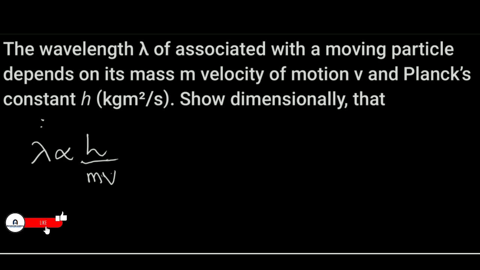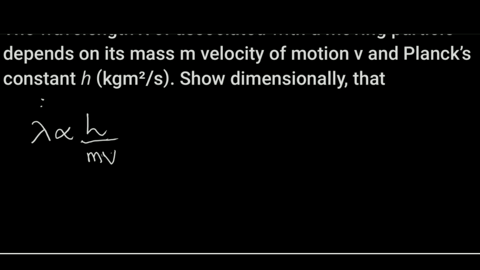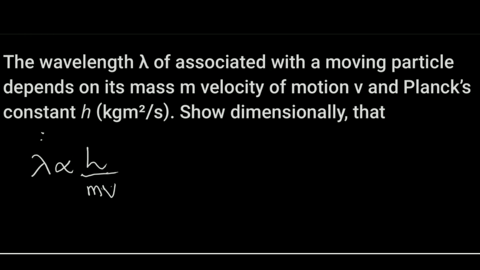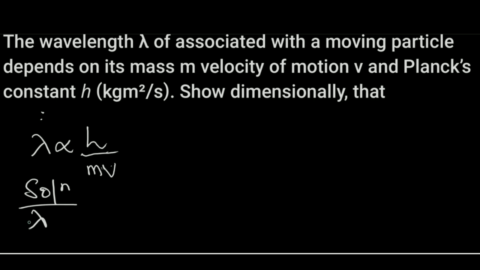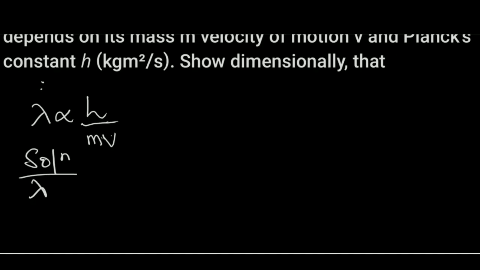The statement says that the wavelength associated with the moving particle depends on three parameters, or other physical quantities, which are mass, velocity, and Planck's constant. So mathematically presenting this, looking at our solution, wavelength depending on the other physical quantities means that it is directly proportional.